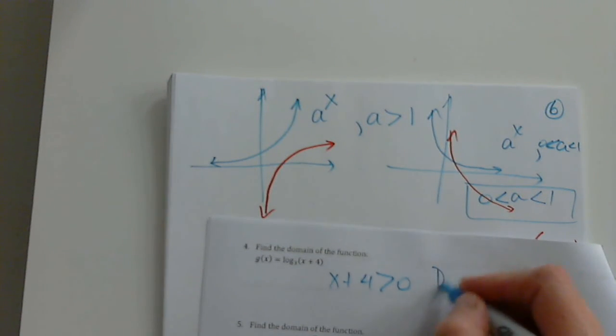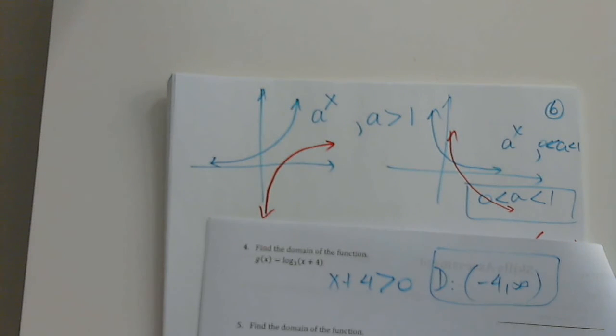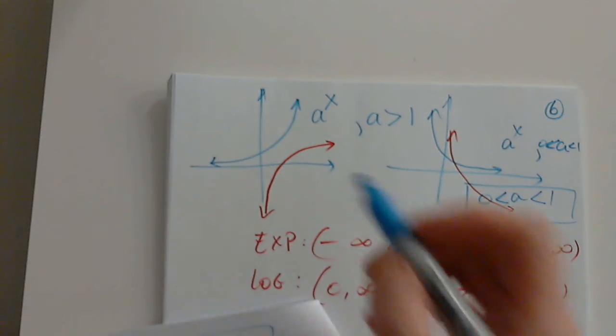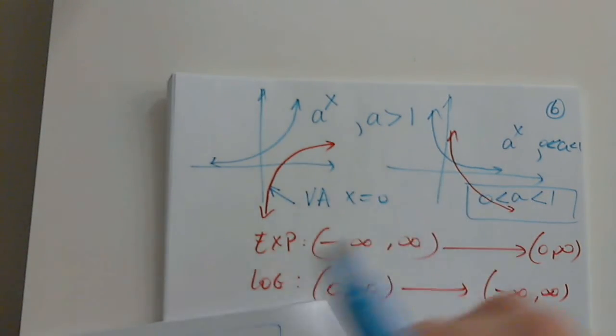And that's an easy story, so I have negative 4 to infinity. Notice that you cannot include 0. What is this called for this function? Very good. The vertical asymptote is x equals 0. So this function has a vertical asymptote x equals 0.